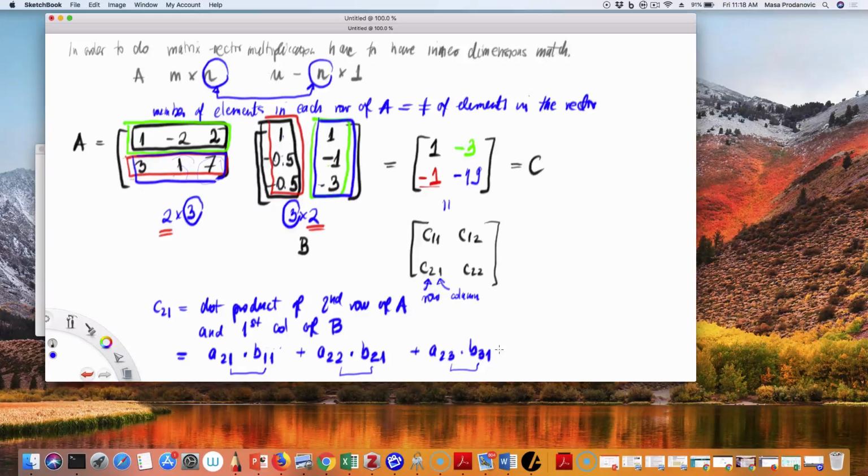And if I was writing this as a sum, let me use K from 1 to 3, A2K times BK1. So they're kind of parameterized by K. And the sum goes from 1 to 3.